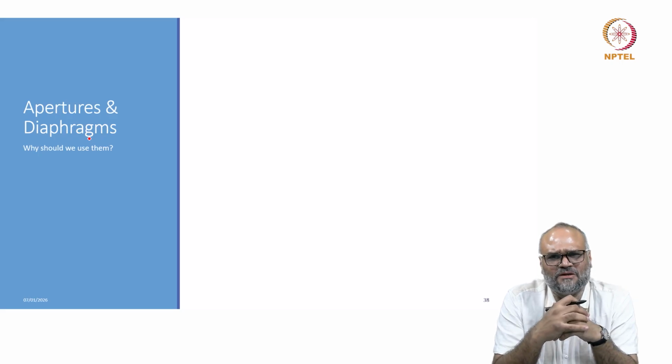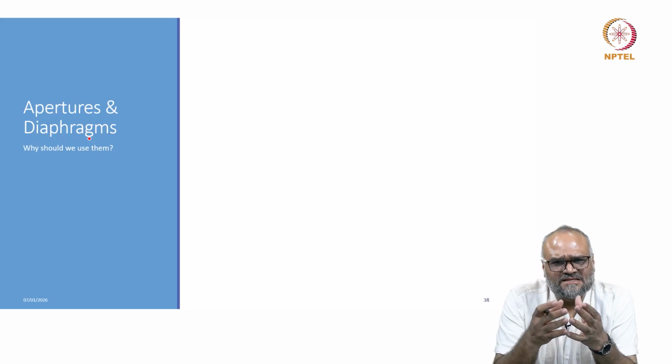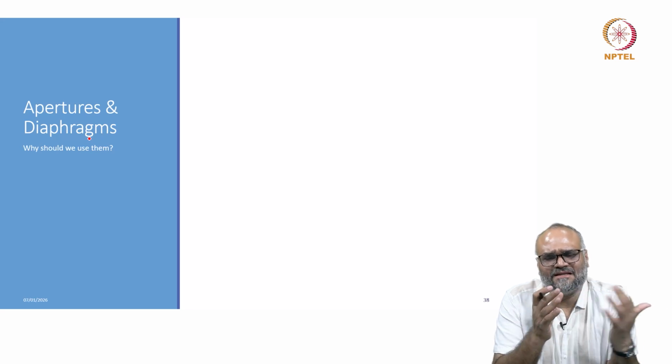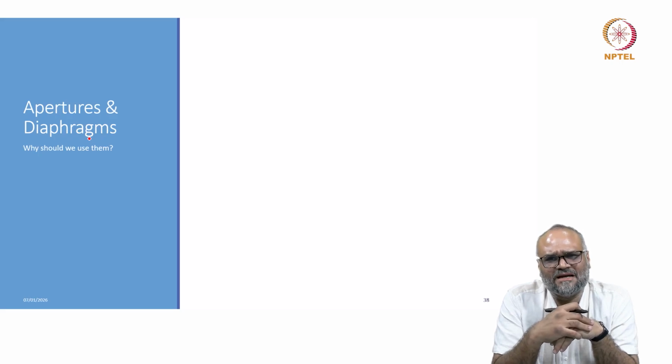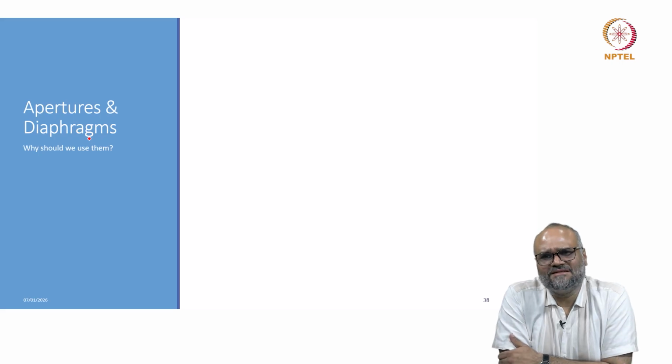For example, when you are obtaining a portrait mode image, you open up the aperture more, and by controlling the size of aperture in a photographic camera, you are kind of playing with the amount of light that is actually going and hitting your sensor there. Likewise, in an electron microscope, by controlling the size of the aperture, you control various details within a microscope.